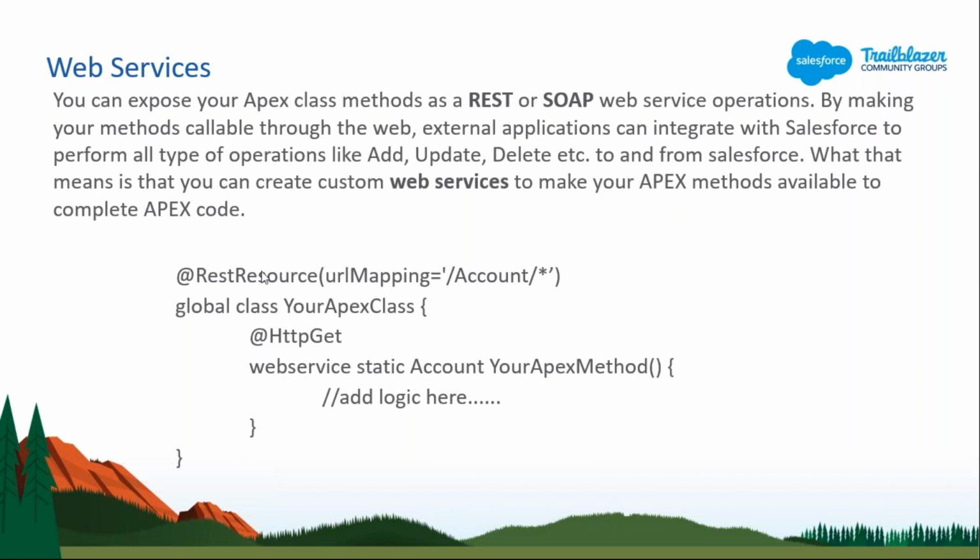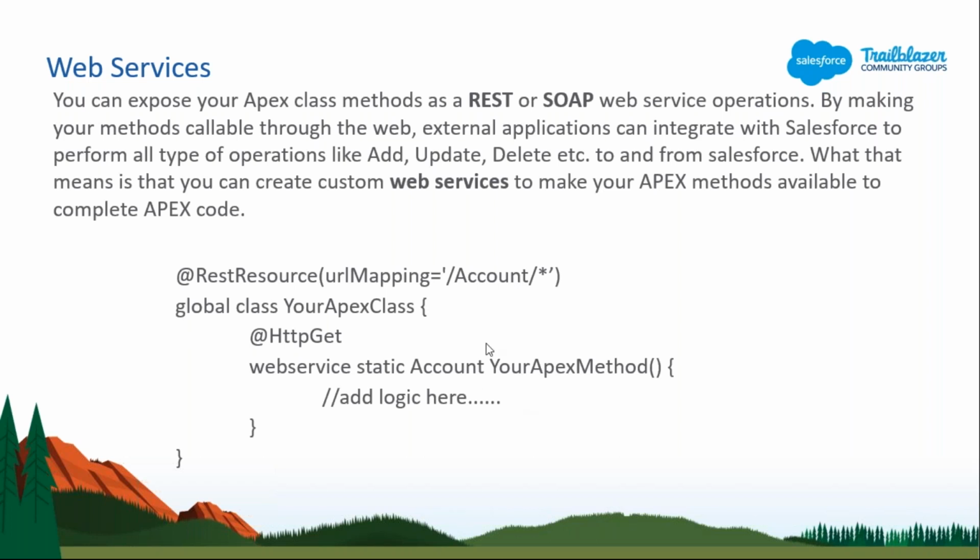So this is a simple web service where we have used HTTP GET, and this is the class. Before this class, we have to use the REST resource URL mapping. It will go and retrieve all the data from the external service and perform whatever action you specify.